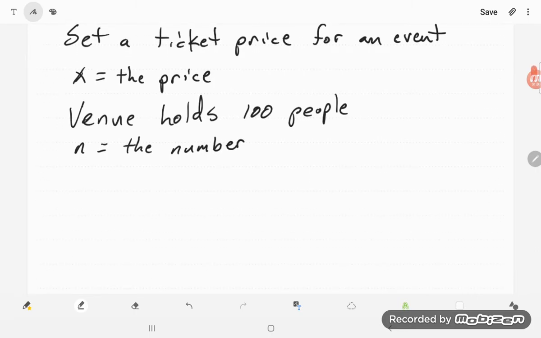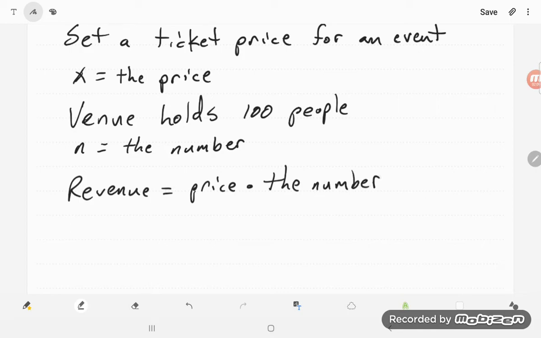And so if I wanted to get my revenue, okay, that's the price times the number. So if I set the price at, say, $15 and all 100 people came, that would be 15 times 100, or $1,500.